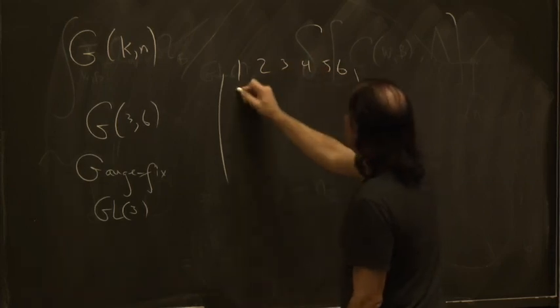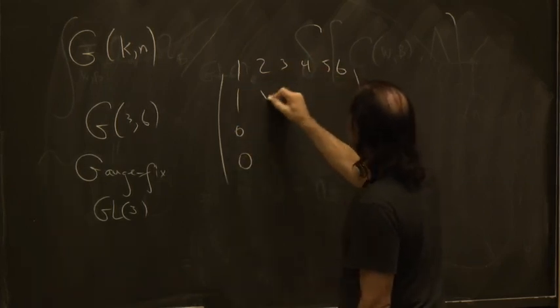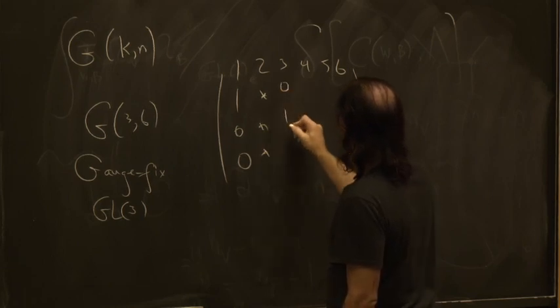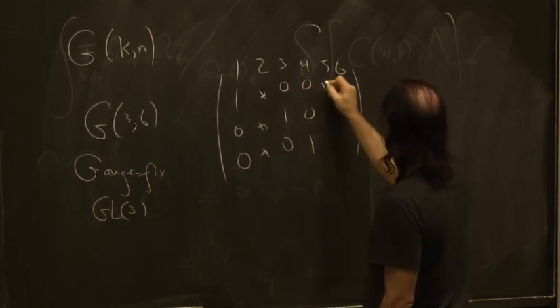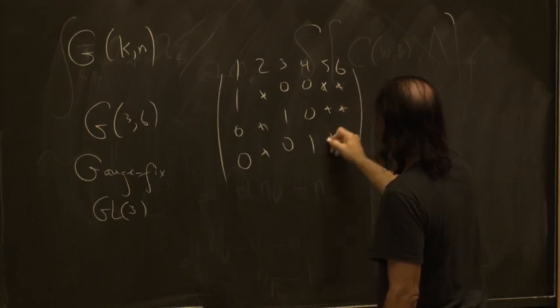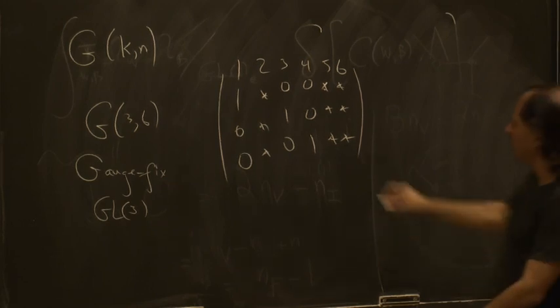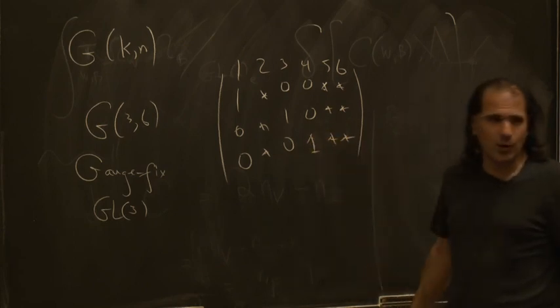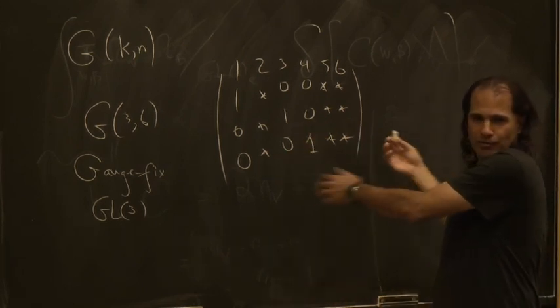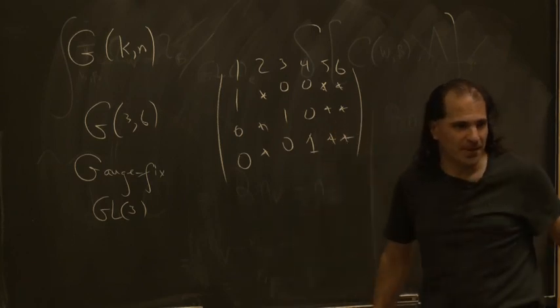Let's say it looks like 1, 0, 0, 0, 1, 0, 0, 0, 1, and then the rest are generic. Of course, this is just a coordinate choice. I can choose any other set of coordinates that I like. But if you're doing any practical computations, you'll always end up choosing a gauge and doing something in this gauge.